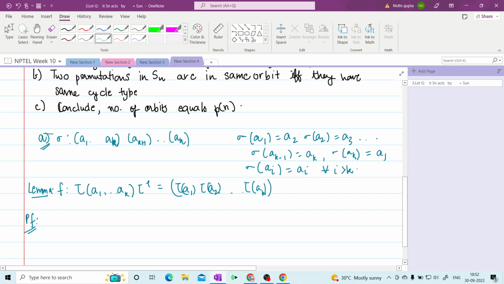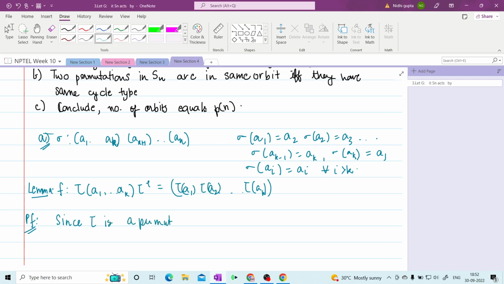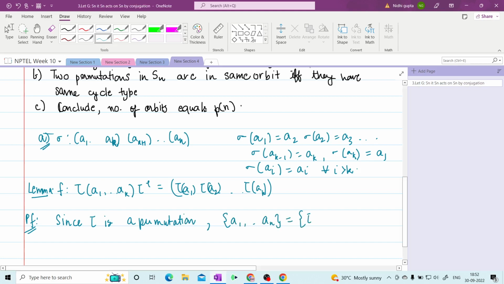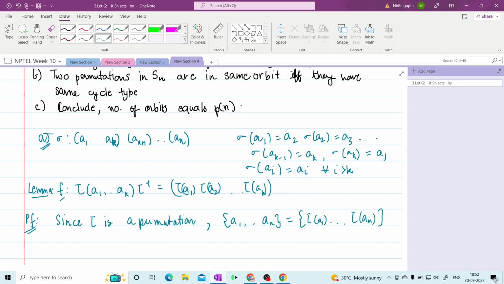So now, since τ is a permutation, we know that the set {a1, ..., an} is equal to {τ(a1), ..., τ(an)}. So if we want to find the function f, either we evaluate on this set or this set, it is the same.